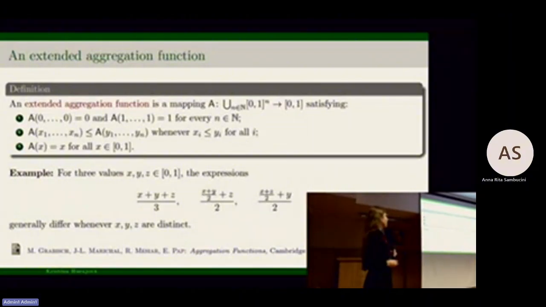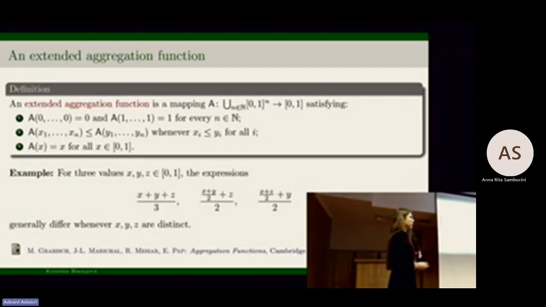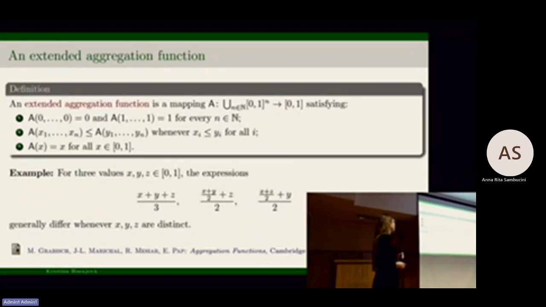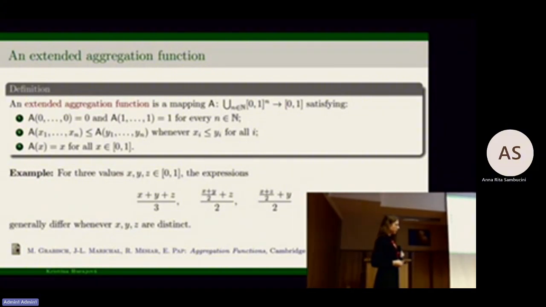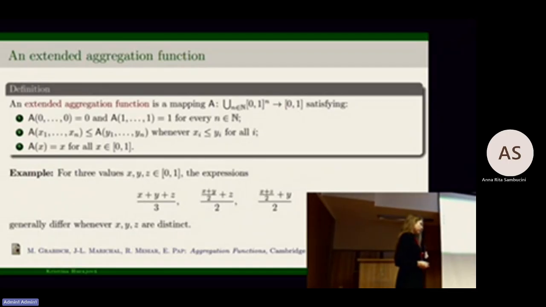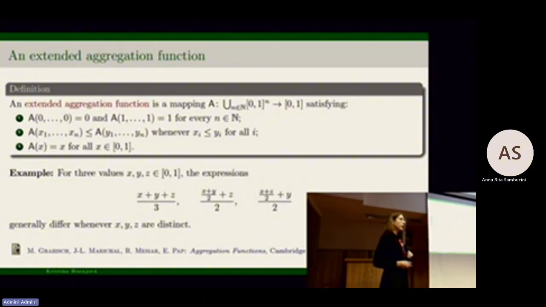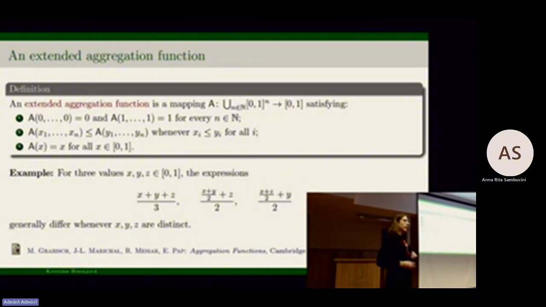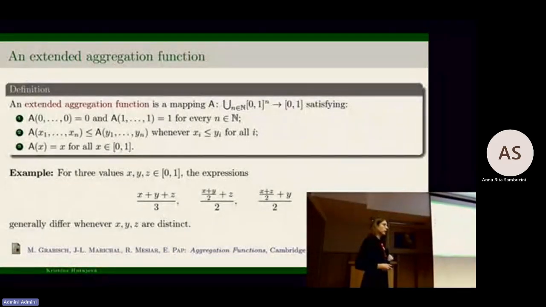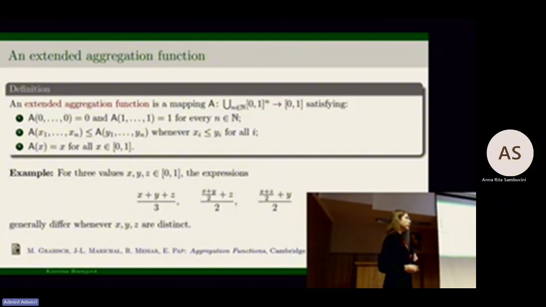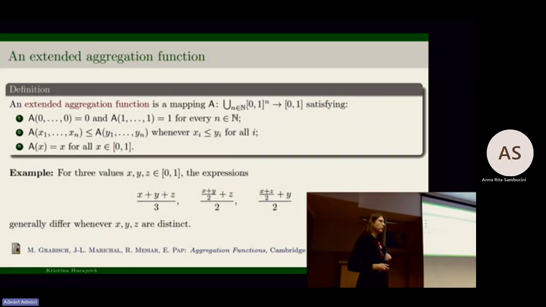Aggregation functions are used in many areas, such as information fusion or fuzzy logic. The common framework is given by extended aggregation functions, but this framework is very weak when associativity is missing. The result may depend on order or grouping, and it may be a serious issue in sound aggregation.